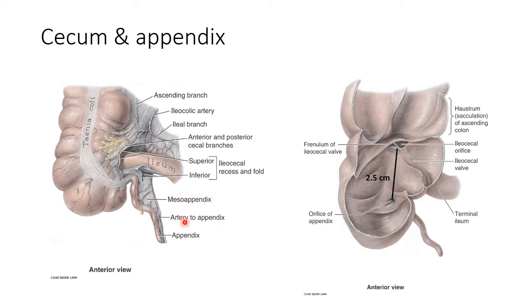It has an artery, which we call the appendicular artery, one of the branches coming from the ileocolic artery. So the ileocolic will supply the ileum towards the cecum, and one of the branches goes down to the appendix, running in the mesoappendix, and that artery is called the appendicular artery, or the artery to the appendix.